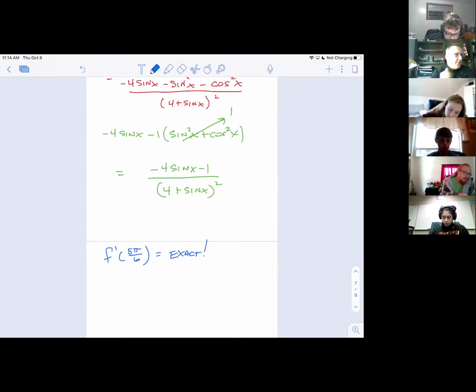I'm looking at it, seeing that the sine of 5 pi over 6 is nicely, it wasn't the square root answer. I kind of got lucky. It's the 1/2 answer. So sine of 5 pi over 6 is a half. That's kind of cool. So that means this is going to be a nice slope. This is going to be not terrible, I think.